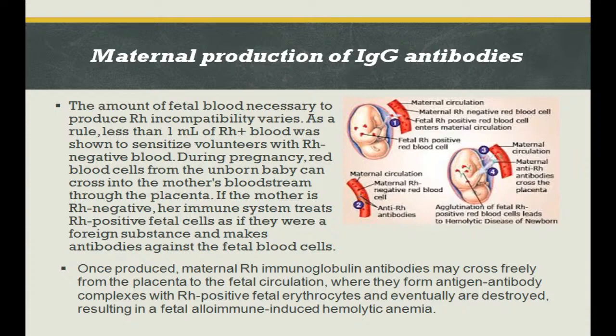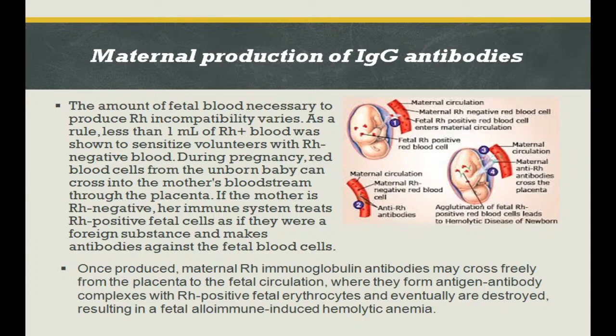During pregnancy, red blood cells from the unborn baby can cross into the mother's bloodstream through the placenta. If the mother is rhesus negative, her immune system treats rhesus positive fetal cells as if they were foreign substances and makes antibodies against the fetal blood cells.